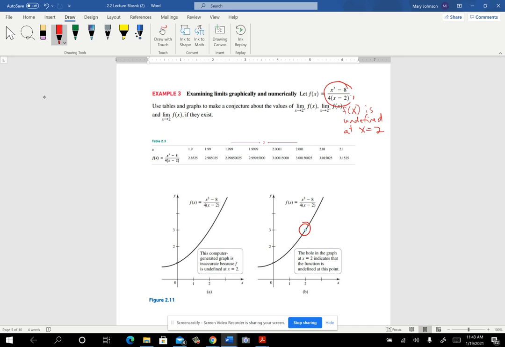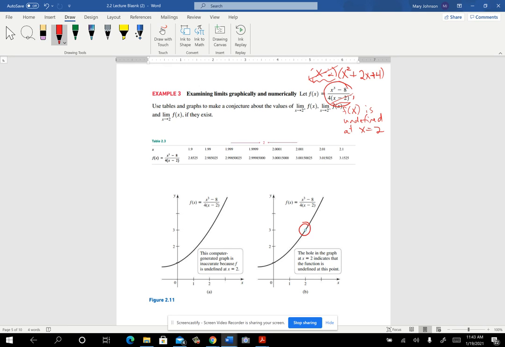See, x to the third minus 8 is actually factorable into x minus 2 and then x squared plus 2x plus 4. Because that numerator was factorable, and I had this common factor of x minus 2, that x minus 2 could, in a sense, be canceled out, and I would fix the problem.